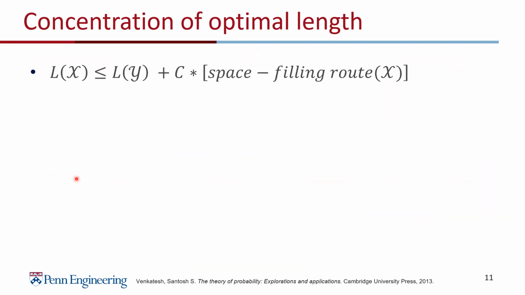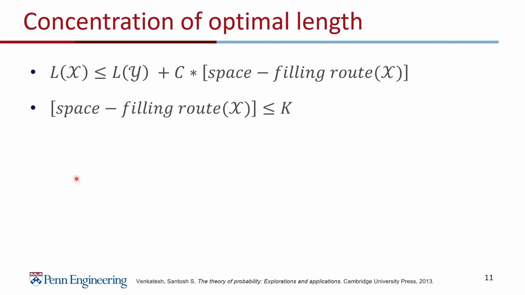So L of X is the optimal route for X, and you can bound that by the route which we constructed for Z. The length of the route for Z is going to be the length of the optimal route for Y, plus some constant times the space filling route for X, because those correspond to the extra leaves which you saw. And since we proved that a space filling route is bounded by an absolute constant, we can make this statement. We use that here.